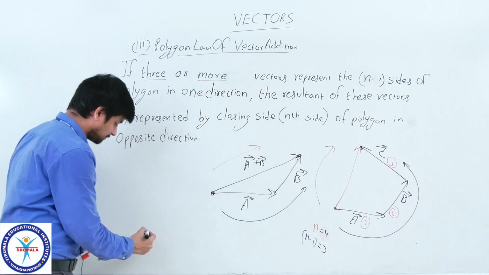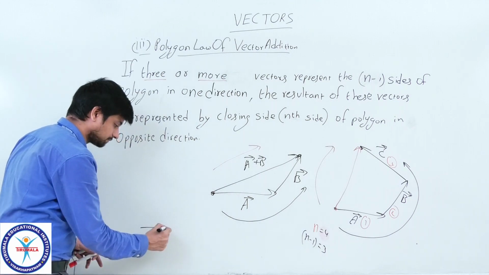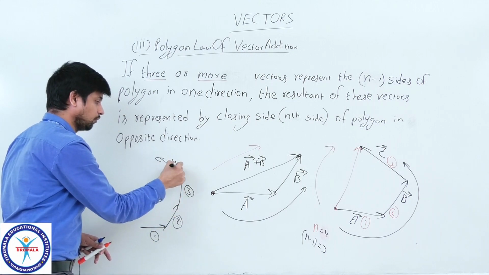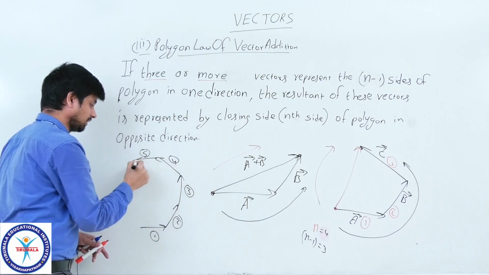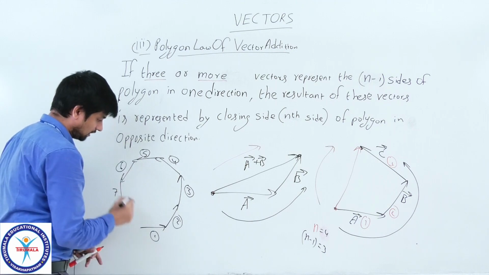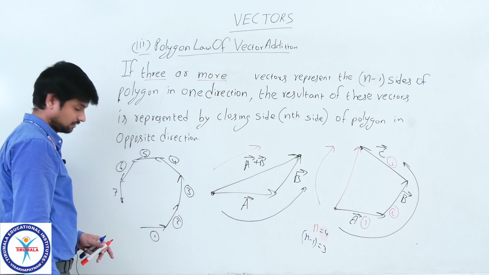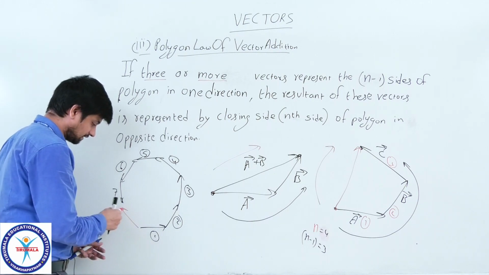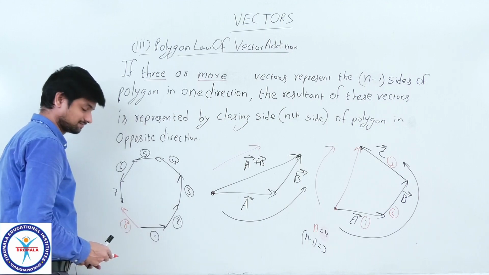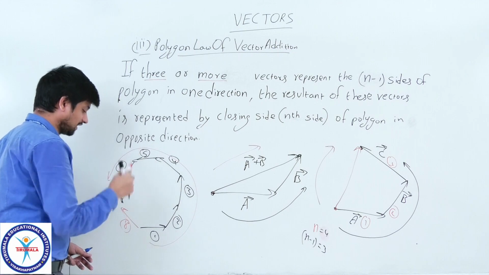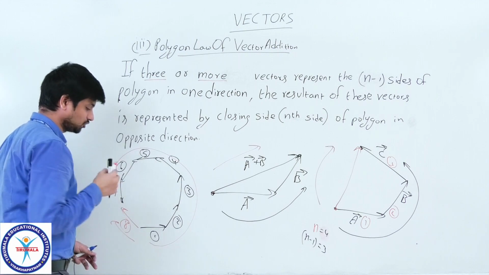That means I am drawing, look at this, first one, second one, third one, fourth one, fifth one, sixth one, seventh one. Now you can see. Should I draw here or not? So this is the closing side, eighth one. Okay. So look at this, all these are following anti-clockwise direction, but this follows opposite to that one.